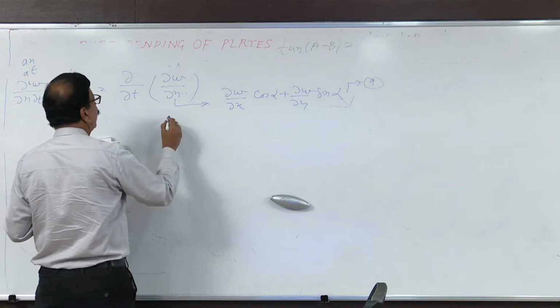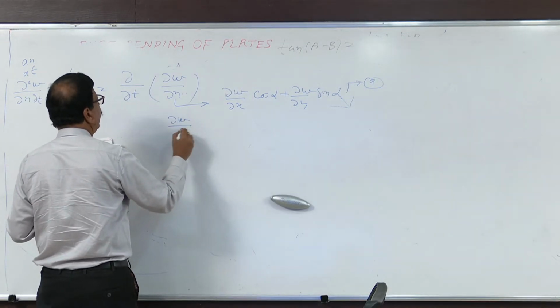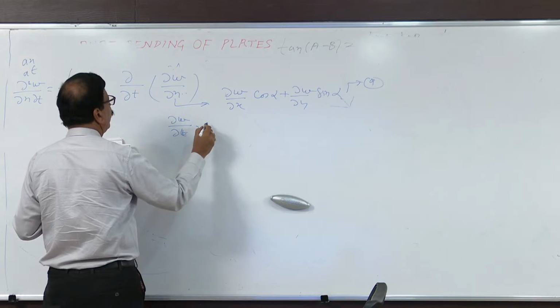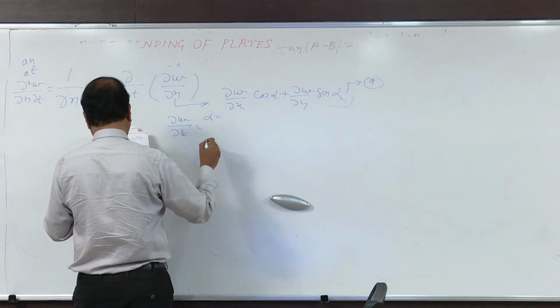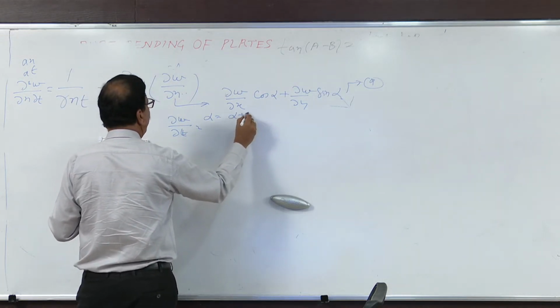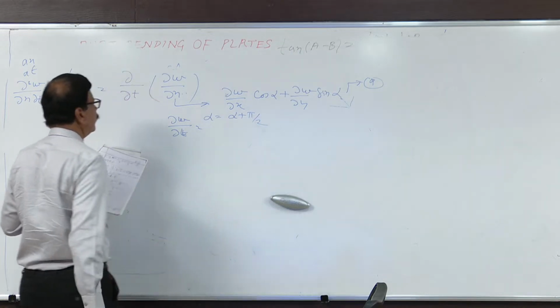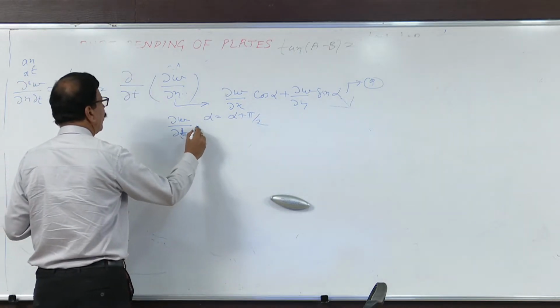So, to get ∂w/∂t, you replace alpha with alpha plus pi by 2. Give me the value of ∂w/∂t.